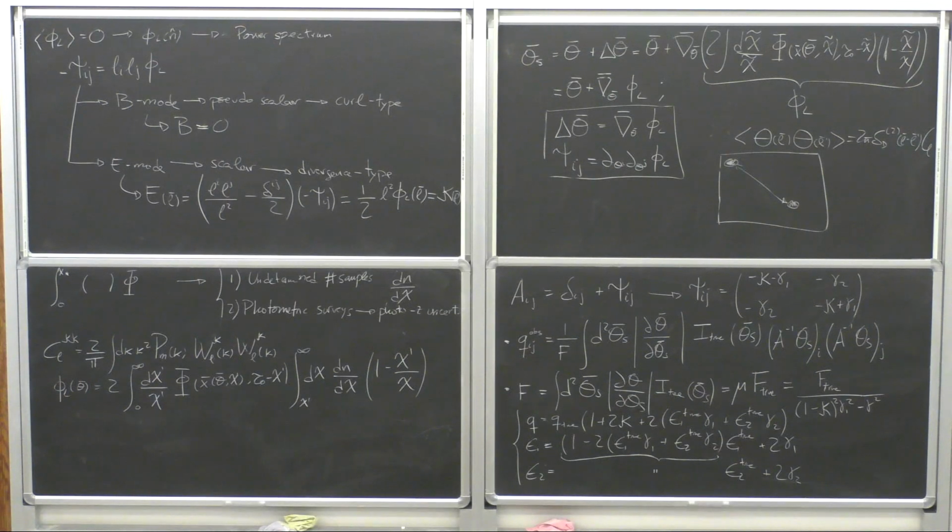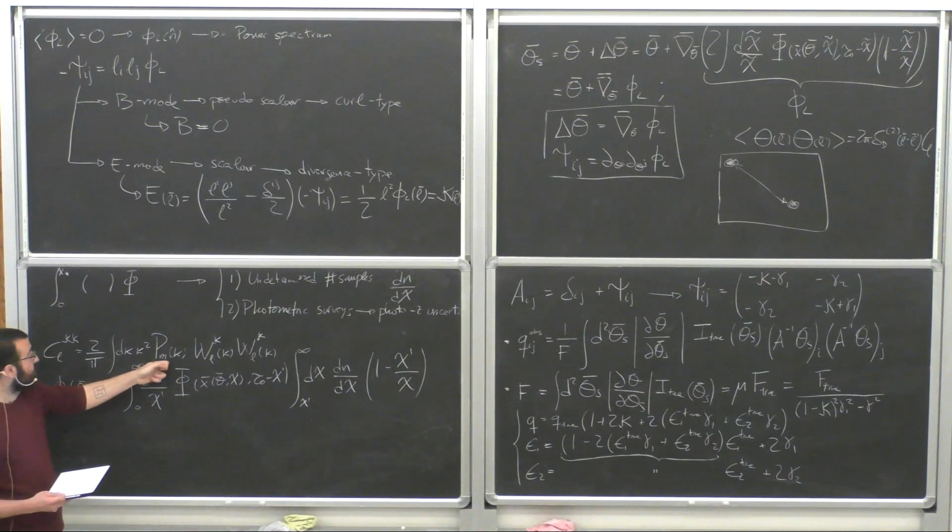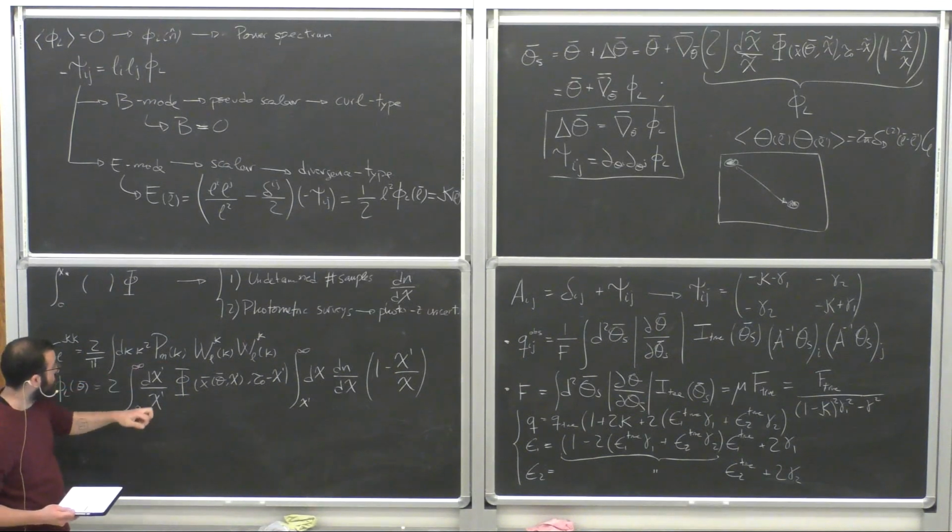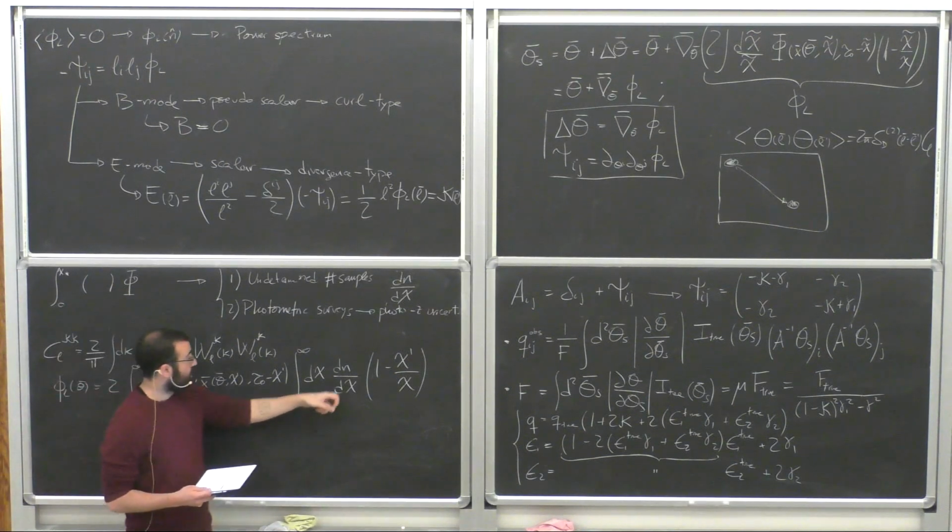There is also an important effect here, and it is that the lensing power spectrum depends both, and this was also the case for the CMB lensing, on the matter clustering and on the geometry of the lens system.